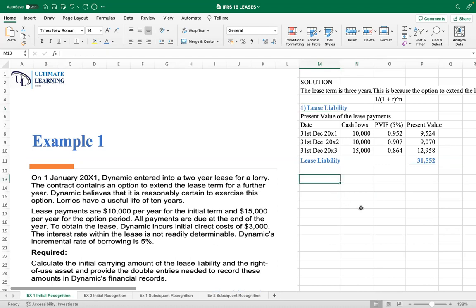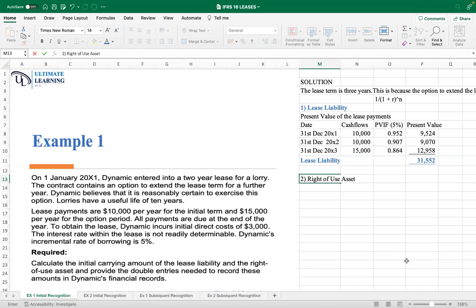Let's come to requirement number 2. Requirement 2 was asking us for the right of use asset. How do we calculate the right of use asset? We have already looked at lease liability.